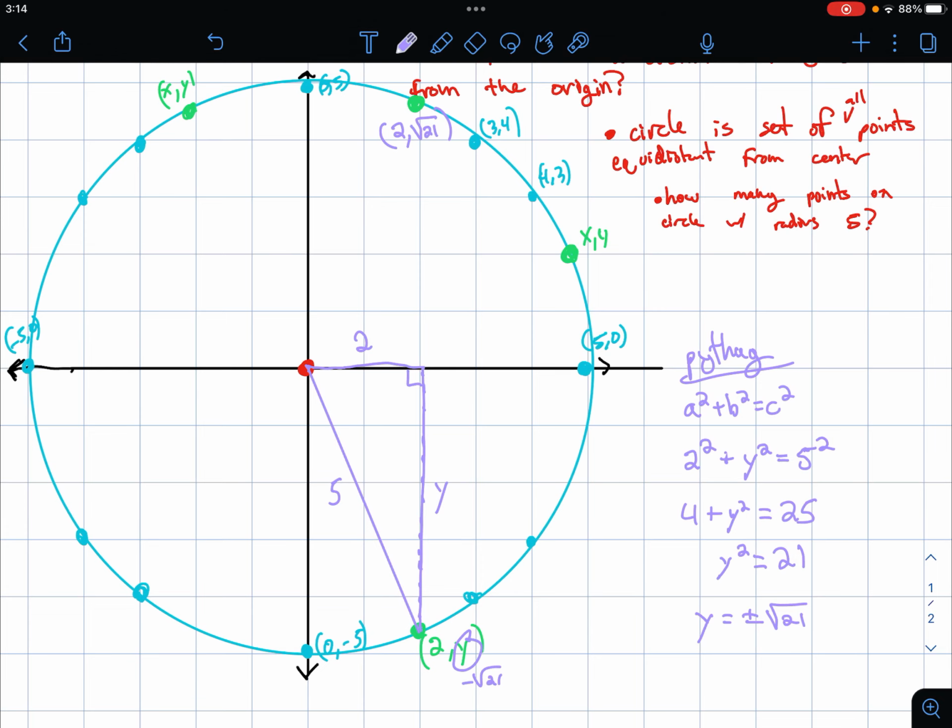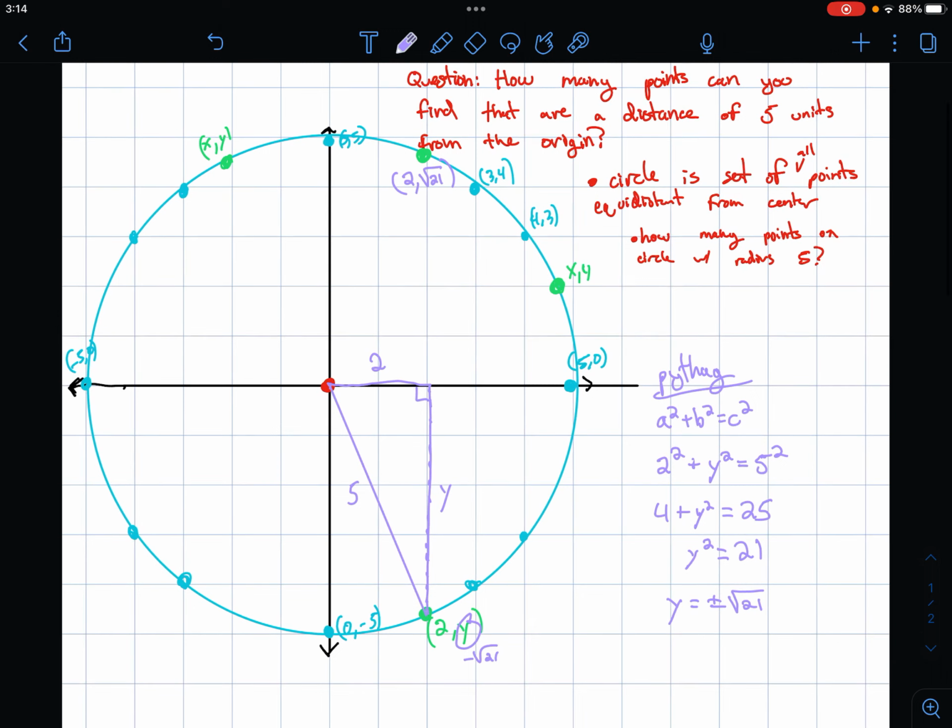But we can do even better. We can take this relationship from Pythag and the circle, and we can write a relation for the set of every single possible point, because every point must satisfy a squared plus b squared equals c squared, where our c will always have to be 5 on this circle.